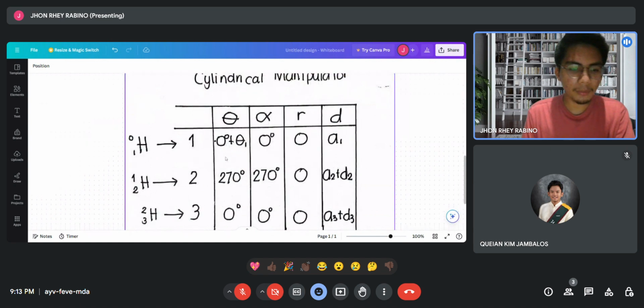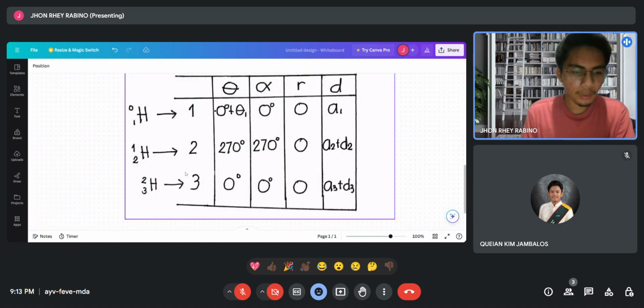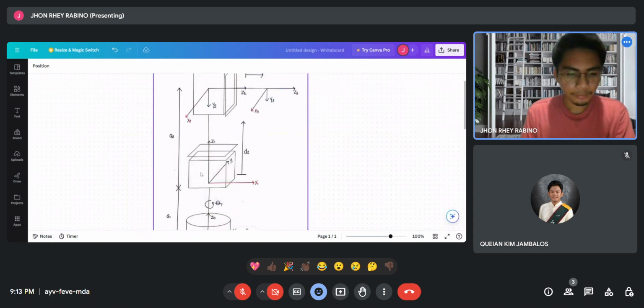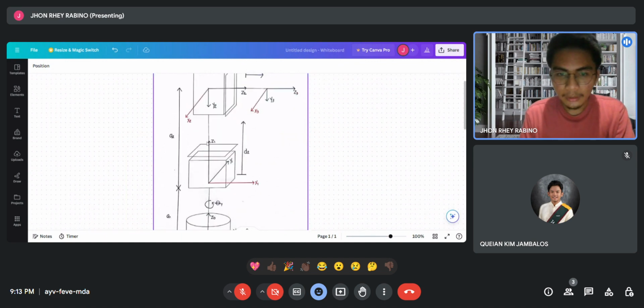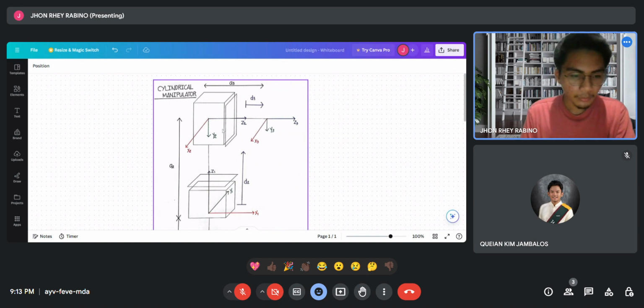Next, for the homogeneous transformation matrix from frame 2 to frame 3, the z sub n minus 1 is now z sub 2, the x sub n minus 1 is x sub 2, and the x sub n is x sub 3.